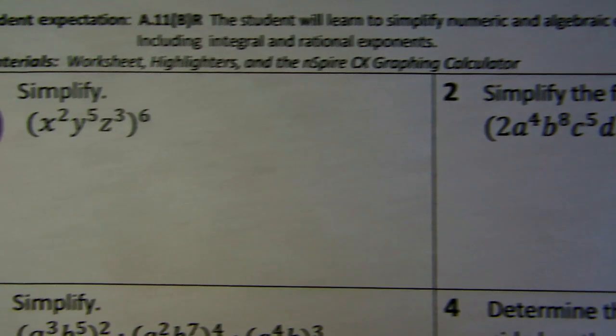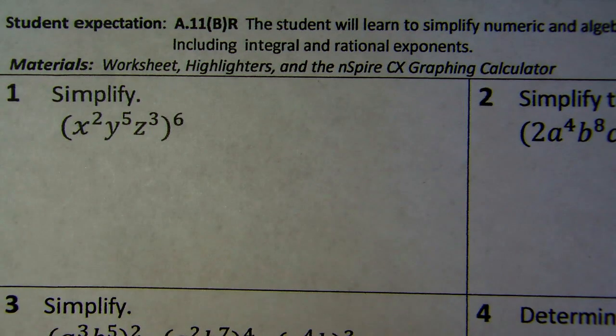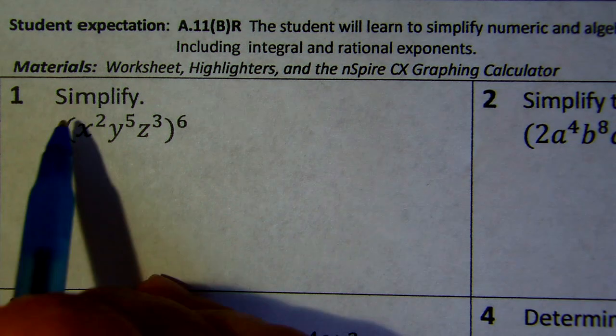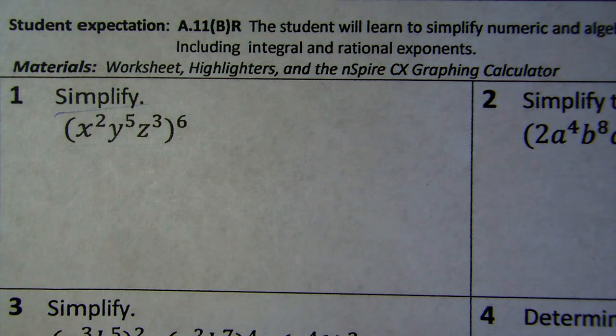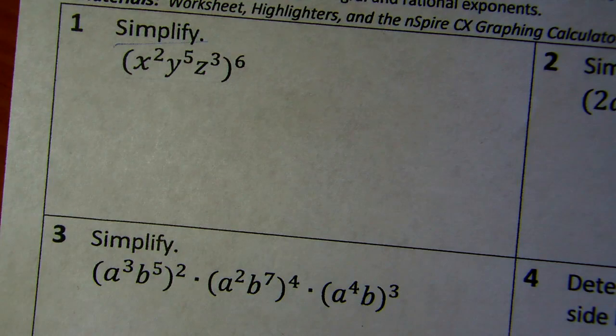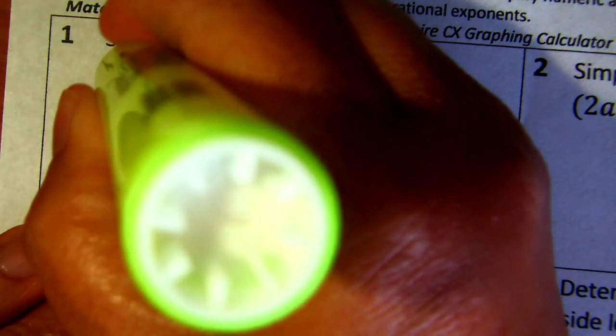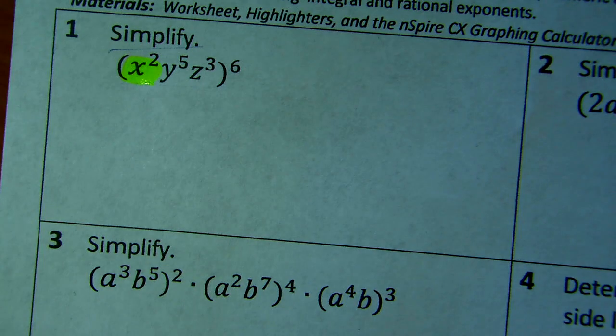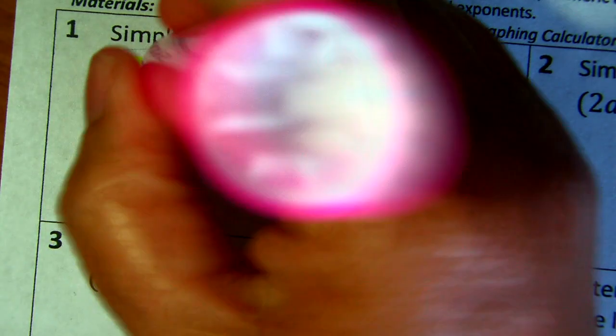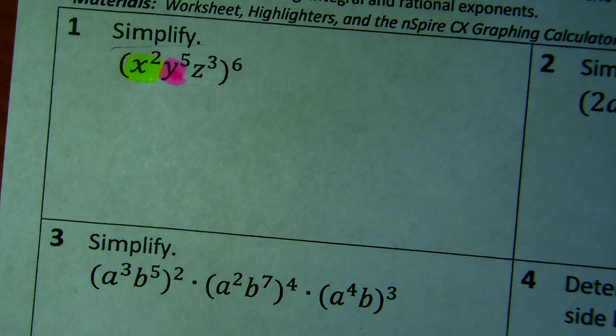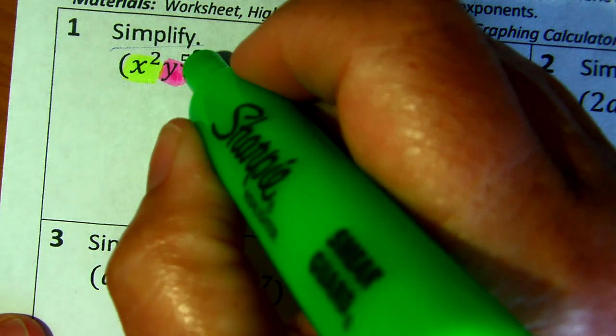All right, so you can either copy the exercises as you watch the video and pause it, or have them ready on a piece of paper. We're going to simplify this expression right here. Let me find my yellow highlighter. Okay, so in this problem we have x, y, and z.